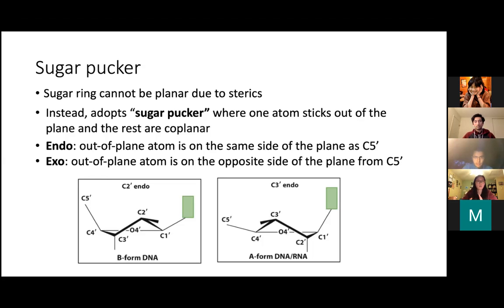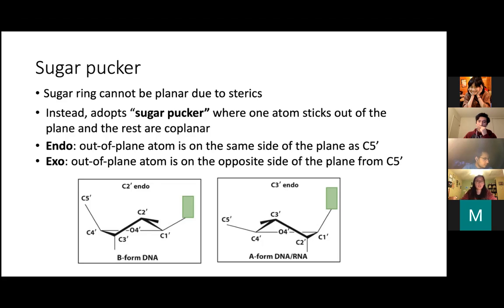Instead, it adopts a sugar pucker, where one atom of the ring sticks out of the plane while the rest are coplanar, meaning they are in the same plane. A sugar pucker can be either endo or exo. Endo is when the out of plane atom is on the same side of the plane as the C5 prime position, whereas exo is when the out of plane atom is on the opposite side.